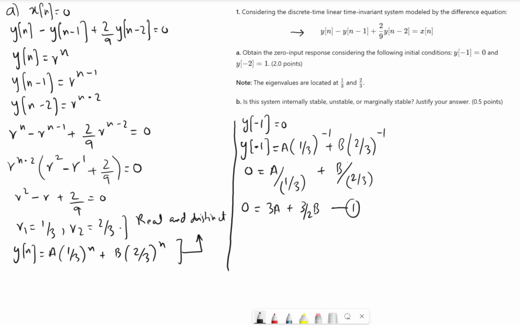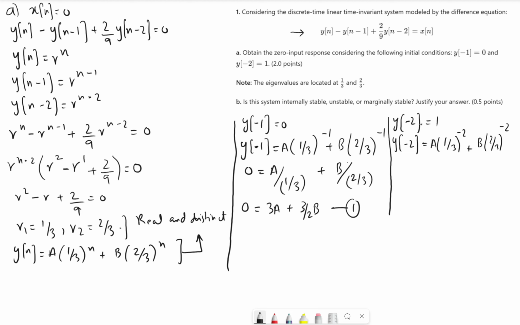Now I cannot obtain a or b because there are two unknowns and we only have one equation. So for that, I'm going to use the second initial condition, y of minus 2 is equal to 1. Now we put this in this equation, so y of minus 2 is equal to a into 1 by 3 power minus 2 plus b into 2 by 3 power minus 2.